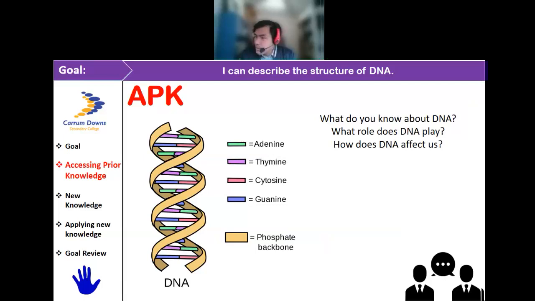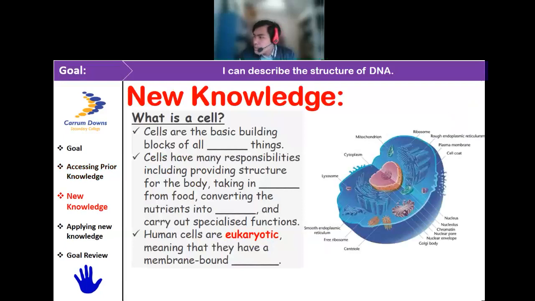All right. So here are some notes that I would like you to write down for me. Now I'm just going to quickly go through the notes here. So first of all, in order to learn about DNA, we first need to learn about cells. And we have learned about cells earlier in year 8.